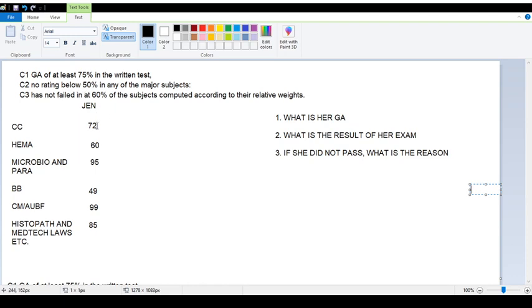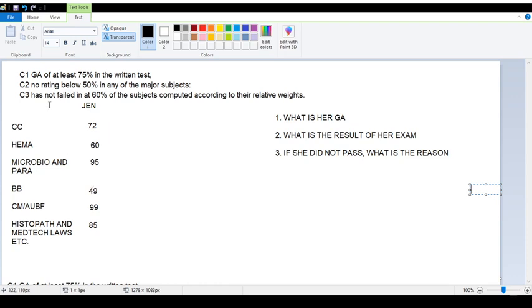Failed, that is 20%. Failed, that is already another 20%. So she already failed in 40%. And then she failed also the blood banking, that is another 20%. So that is already 60%. She failed in 60% of the subjects computed according to their relative weights.